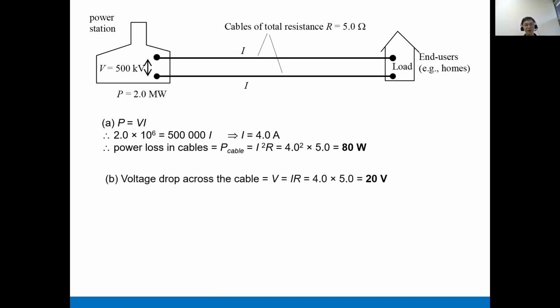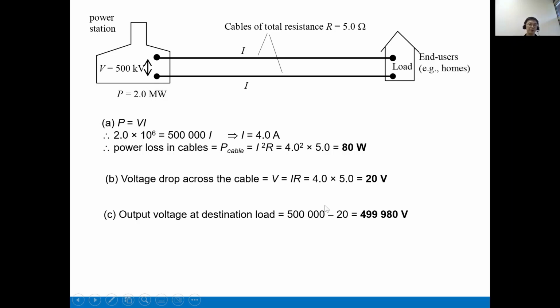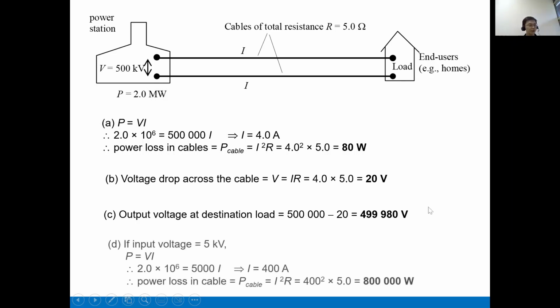What is the voltage drop across the cables? You can use V equals IR and get 4 times 5 equals 20 volts. Therefore, the output voltage at the destination load is 500,000 minus 20.